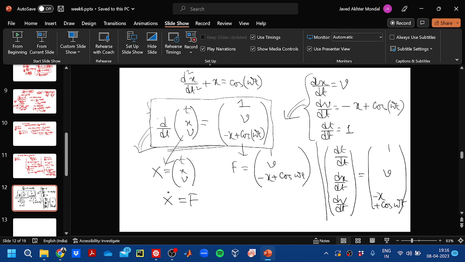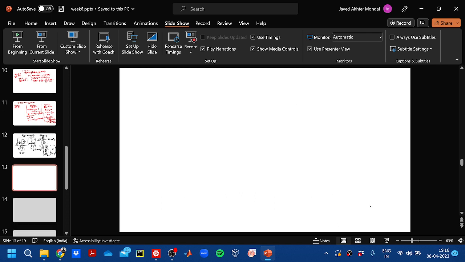So as you can clearly see, these three equations come out from this single matrix equation: d dt of t is 1, dx dt is v, and dv dt equal to minus x plus cosine of omega t. So we can do this for any differential equation. So let me give another example.